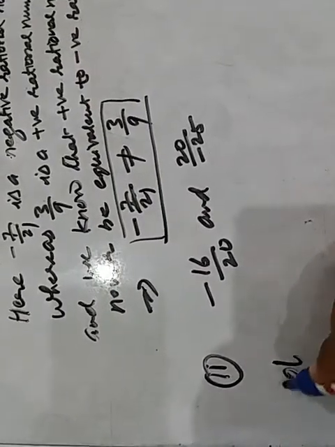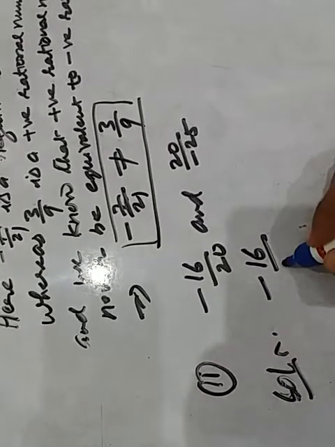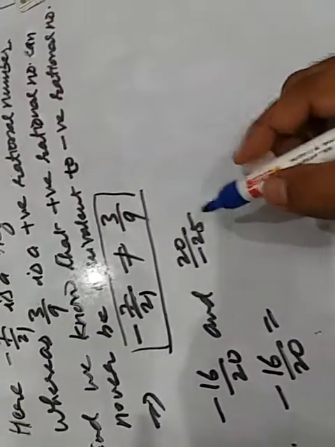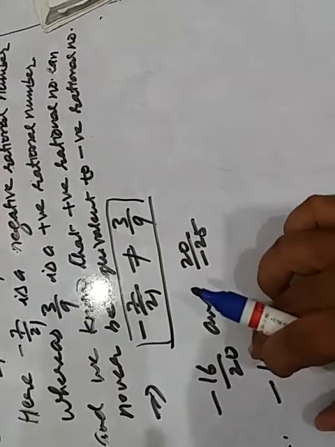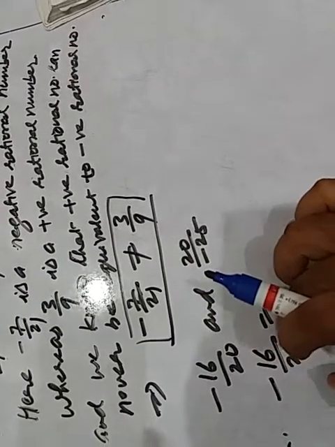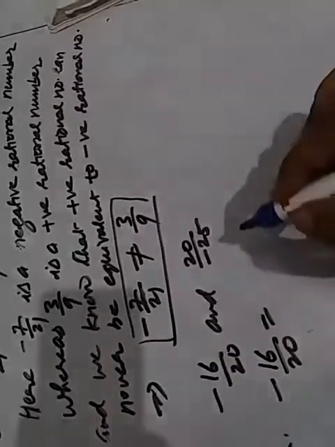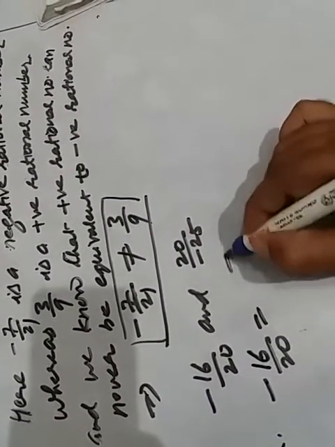Okay, so this is start solution. Minus 16 upon 20. Clear? We can divide both numerator and denominator by a non-zero common divisor, that is 4.